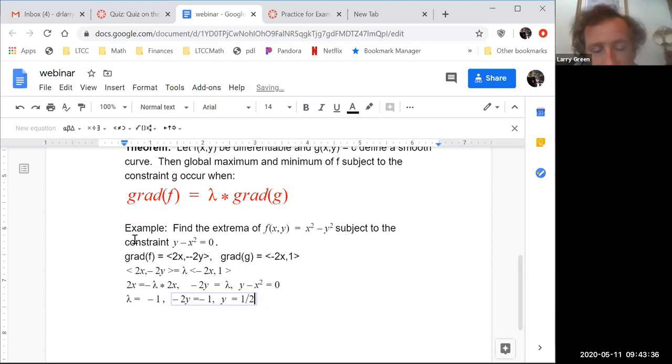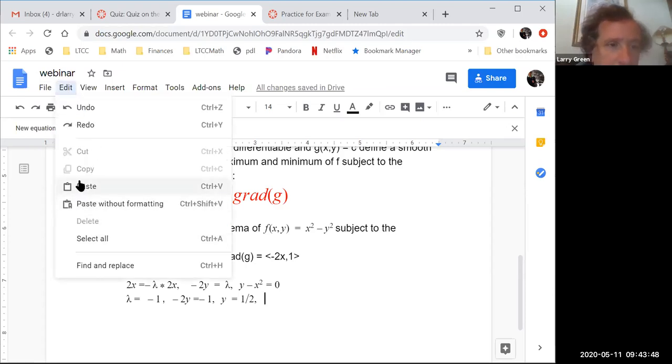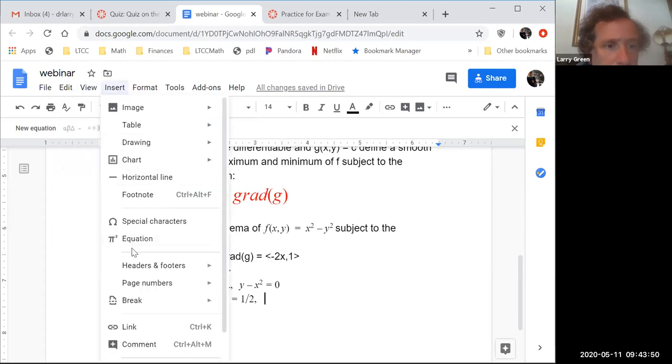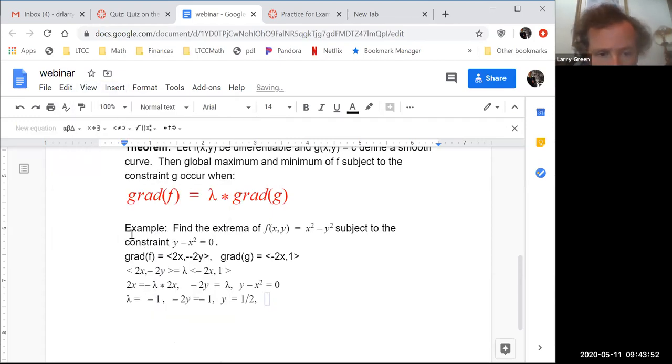Now that we have y, we can get x, because we know that y minus x squared equals 0. So now we can say 1/2 minus x squared equals 0.